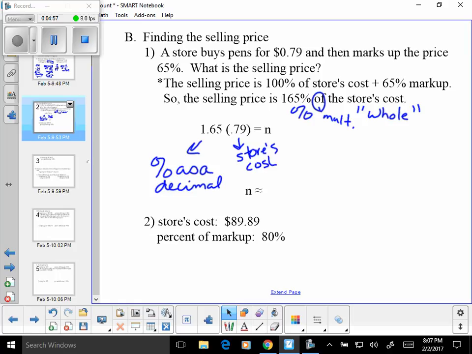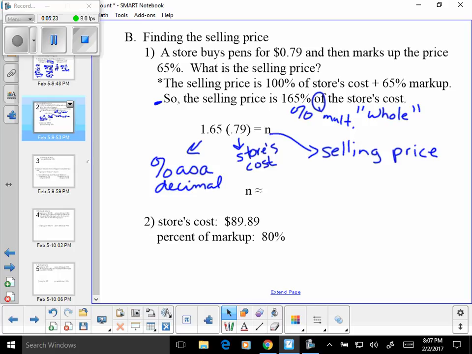Now, if you remember, the selling price right up here is 165% of the store's cost. What we're going to come up with is the selling price. And this is a way of doing this all in one step. Now there is a way to do it in 2 steps.